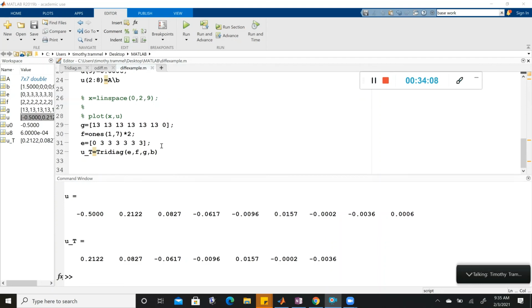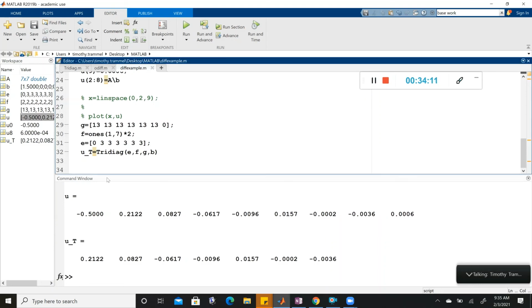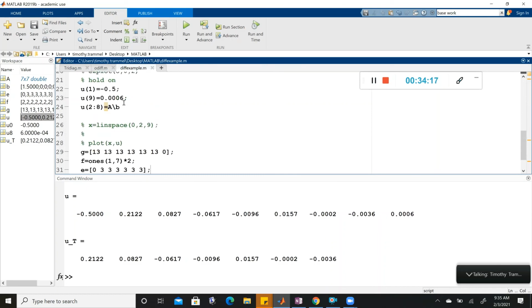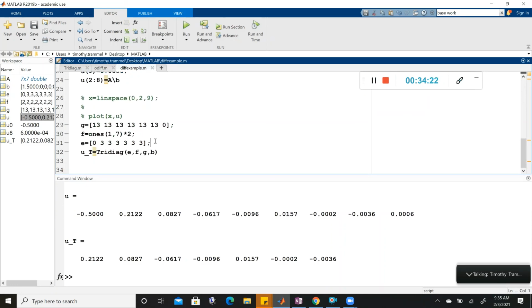This isn't giving us the same result because we've found all the inner points, but we did not write in what the initial and final ones would look like. So we could do something similar here.